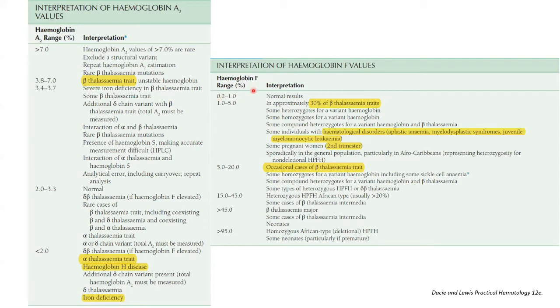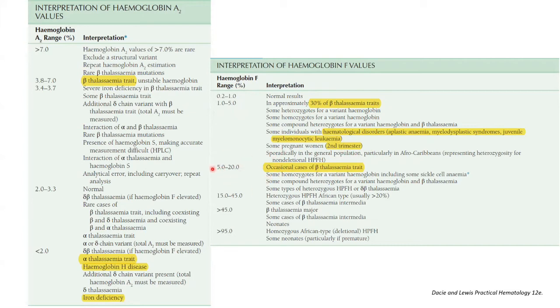Hemoglobin F levels up to 1% are normal. Anything between 1 to 5% can be seen in 30% of cases of beta thal trait, also in secondary disorders such as aplastic anemia, MDS, JMML, or in pregnant women, especially in the second trimester. Occasional cases of beta thalassemia trait can have F levels up to 20%.